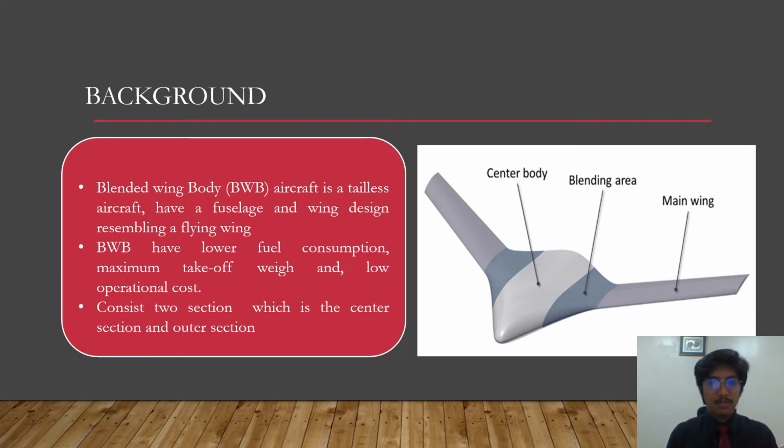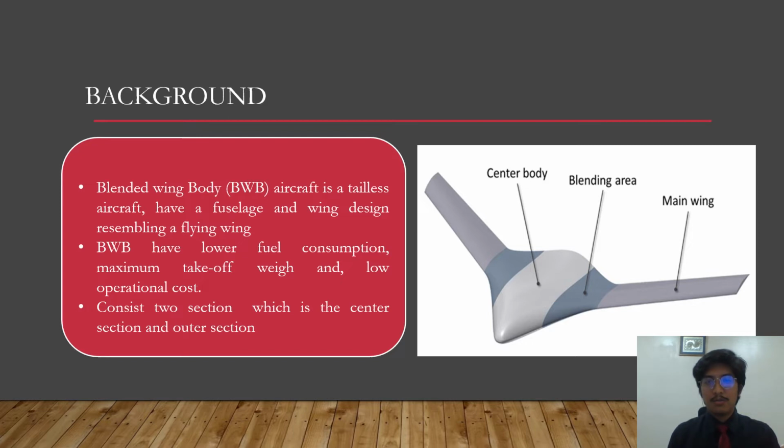Blended wing body consists of two sections, which are the center section and the outer section. As you can see from the figure beside here, there are three sections. First, the outer section is the main wing, and the center section is the center body or the fuselage and the blending area.